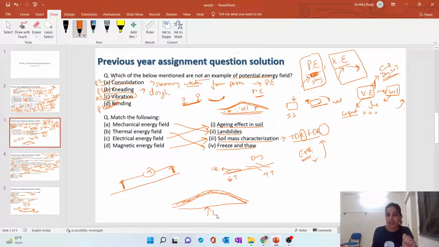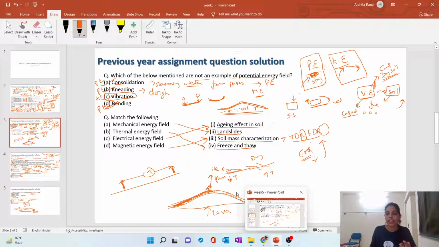So the magma is putting pressure on the earth surface, but it can only make a bulging structure until it reaches its limit and breaks, or until it stays like this. If it breaks, it comes out as a plume. And if it does not happen, this structure will remain the same. So hence it is not an example of kinetic energy.